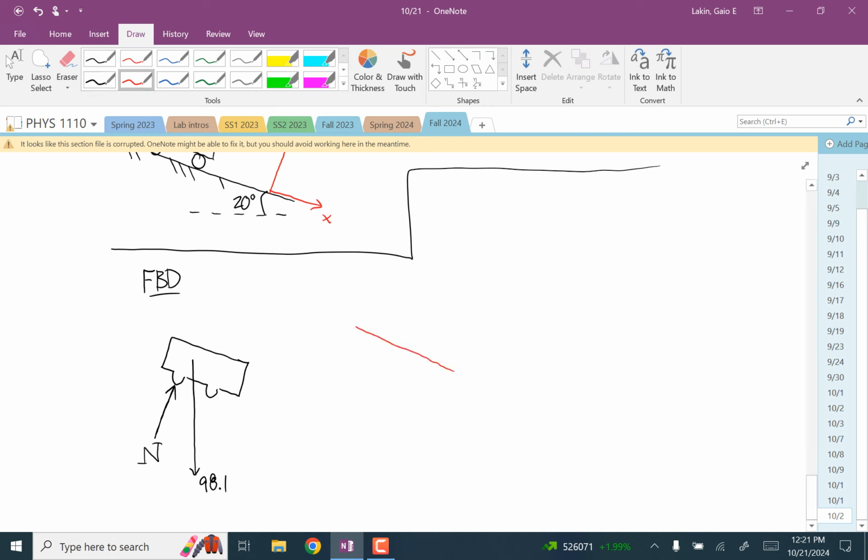And then let's figure out the weight force components. So our coordinate system is like that. Our weight force is straight down. So what's this angle from the x-axis to the weight force vector?